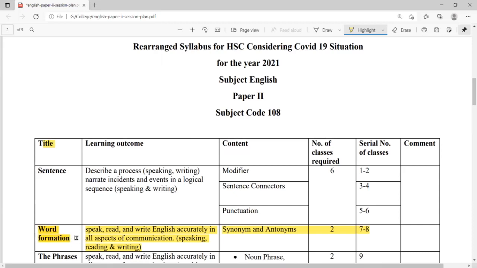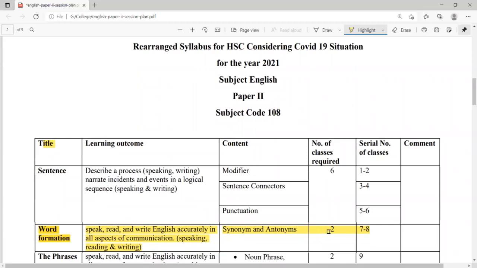Word formation means how you can form different types of words in different parts of speech like noun, adjective, verb or adverb. And I hope you have already learned that. However, I will talk about these methods, that is how you can form different types of words in English. I will discuss step by step for you.